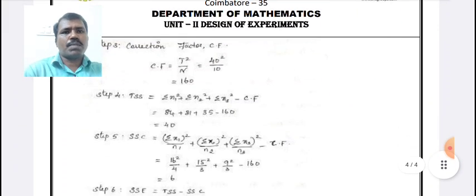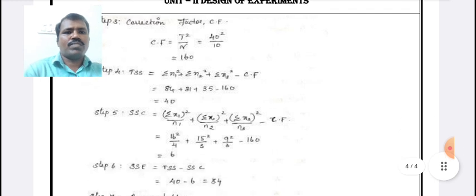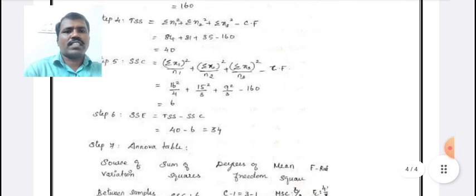TSS, total sum of squares, is summation x1 square plus summation x2 square plus summation x3 square minus correction factor. Next is SSC: summation x1 the whole square by n1, summation x2 the whole square by n2, summation x3 the whole square by n3, minus correction factor. The SSC value is 6 and SSE value is 34.